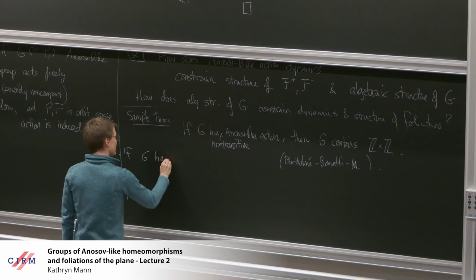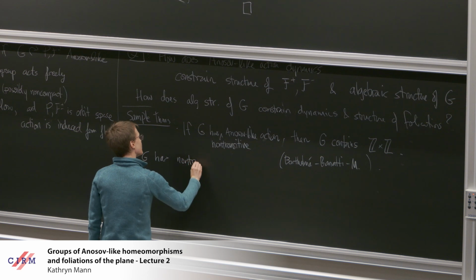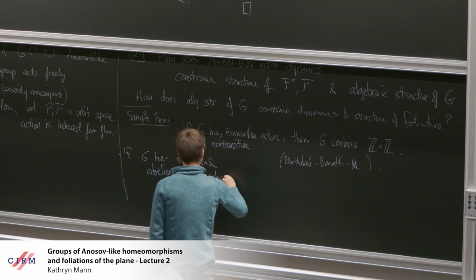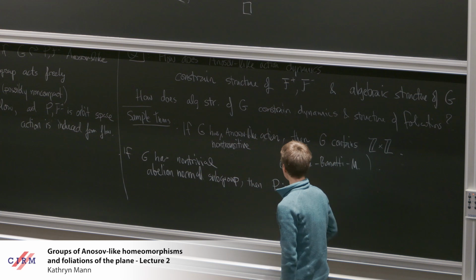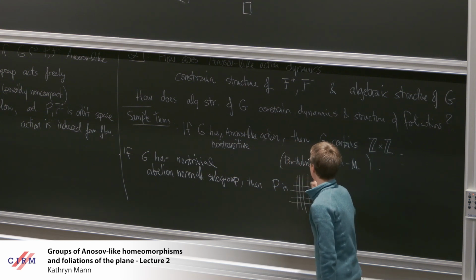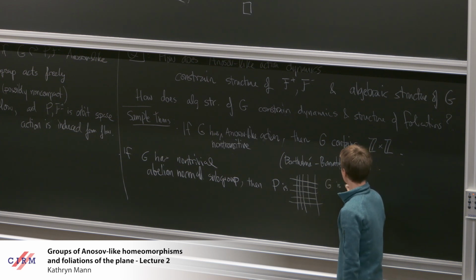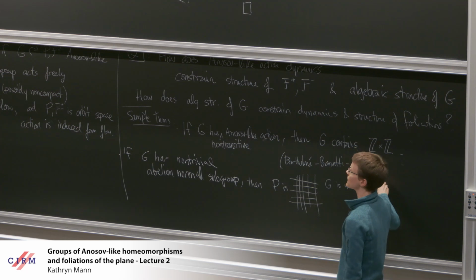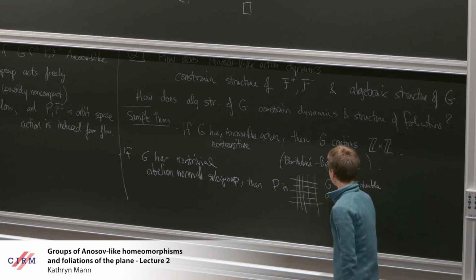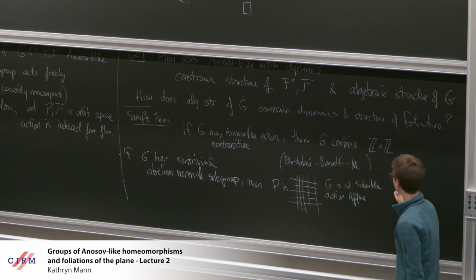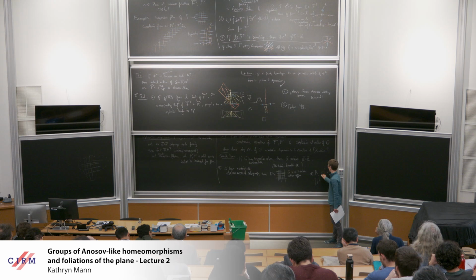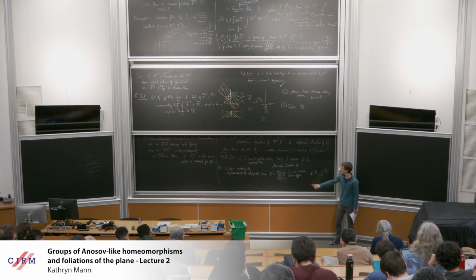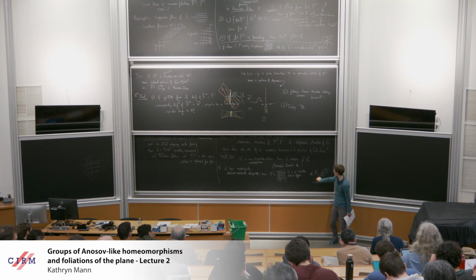If G has a non-trivial abelian normal subgroup, and acts Anosov-like on some plane, then the plane is either the trivial one, in which case G is virtually solvable, or maybe I can even just say solvable here, and the action is affine, or the plane is the diagonal strip picture, and this non-trivial abelian normal subgroup is actually acting by translation freely along this strip.